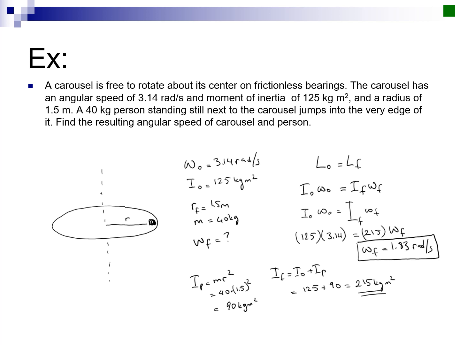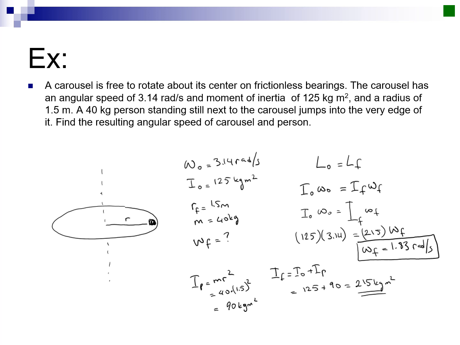In that case, the person acts like a small object with radius much smaller than the distance from the axis of rotation, and we can say that momentum original is equal to momentum final because there are no outside forces. So we know that I original omega original equals I final omega final.